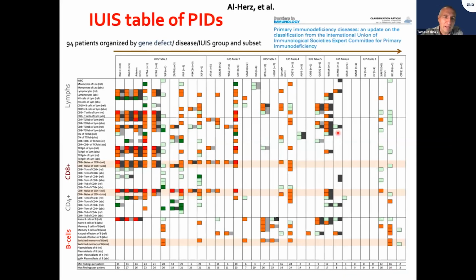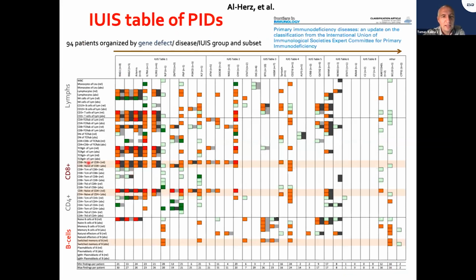And on my last slide, I just want to show that in the Euroflow data set that Mirjam has mentioned, you can find, somewhere deep in the supplementary, a big table that shows you individual groups of mutations and how frequently there is an abnormality in terms of decrease or increase of the individual subsets.